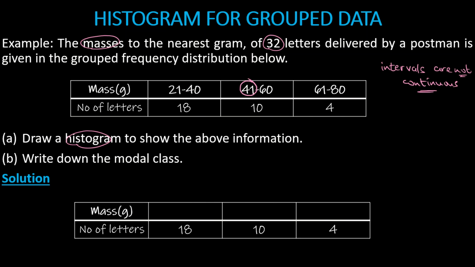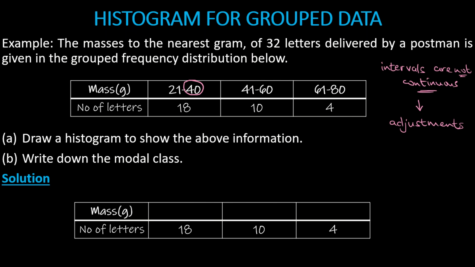So in such a case, we have to perform an adjustment of the intervals. How can we do this? Let us see. We take the first interval from 21 to 40. It ends with 40.